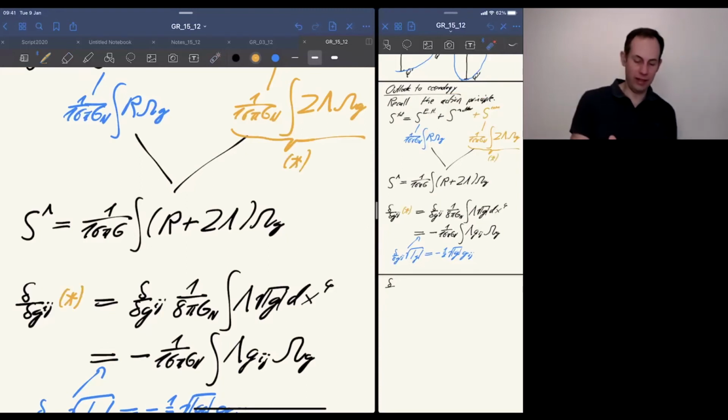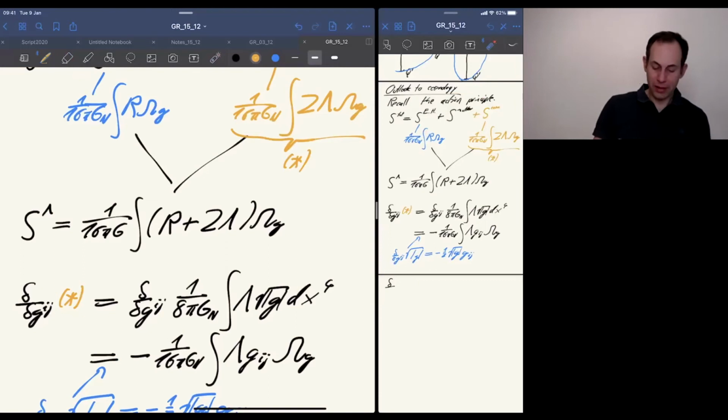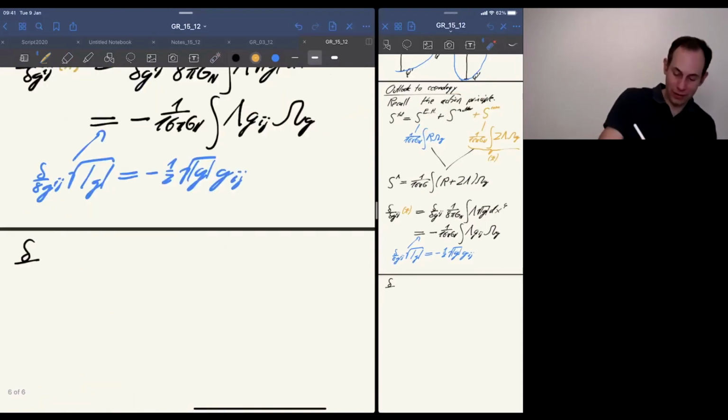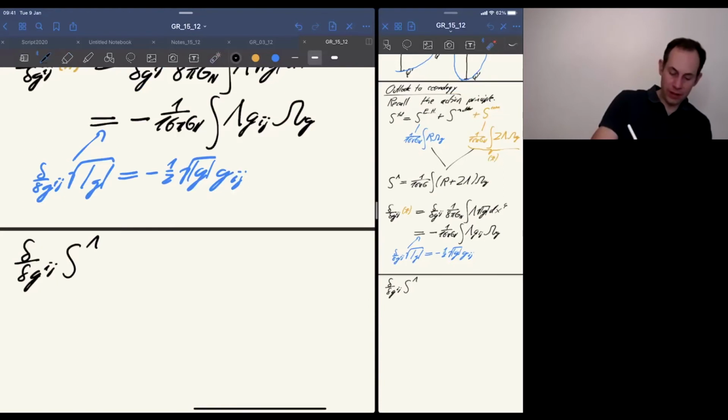That's what I did here. But now what I want to do finally is to vary the whole action. And if I vary the whole action, as I said, the terms just add up.